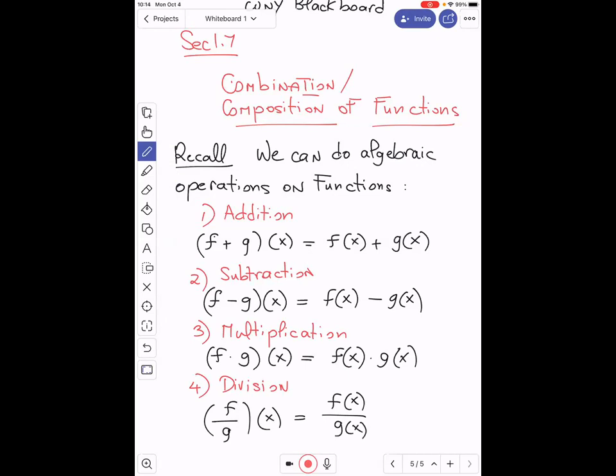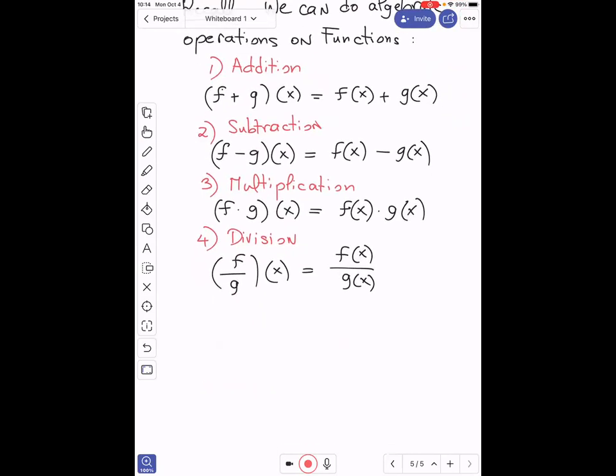Anyway, so now, what we tried to do last week, Wednesday last week, is find the domain of f plus g, f minus g, etc. Just to remind you, we had the following theorem.